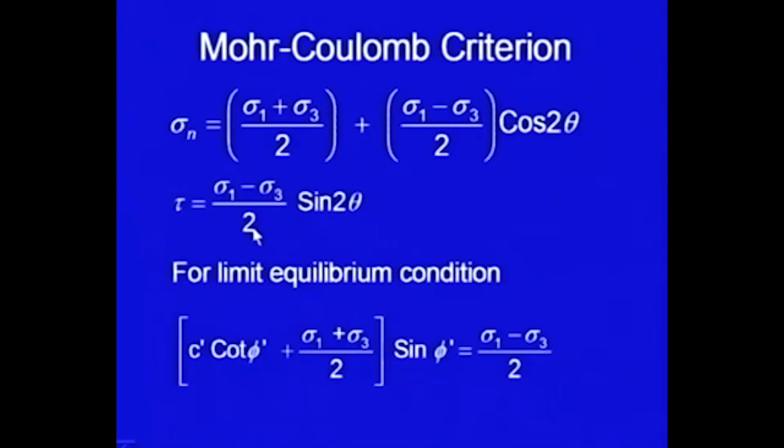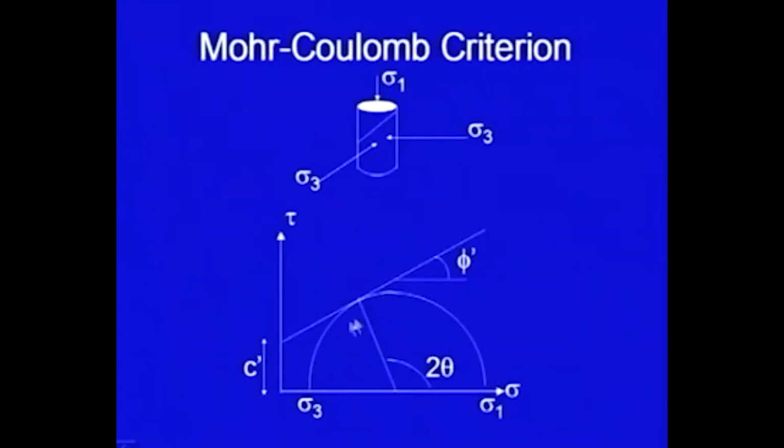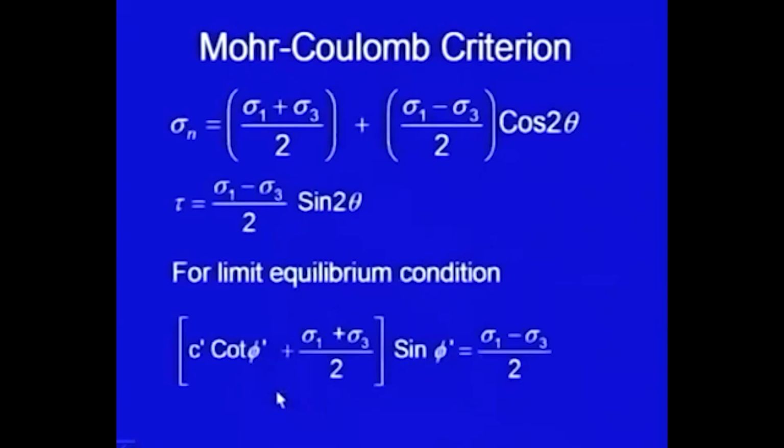and for limiting condition, this shear stress should be equal to the shear strength. From this diagram, if you extend it up to here and then consider this right angle triangle, this angle will be 90 degrees, the radius will be (sigma 1 minus sigma 3)/2, this base will be c cot phi, and you will be getting this expression.